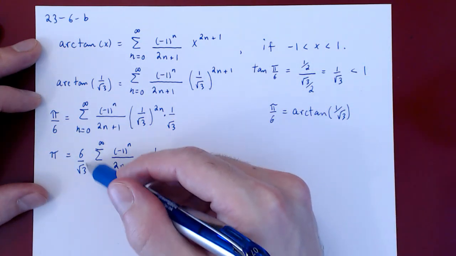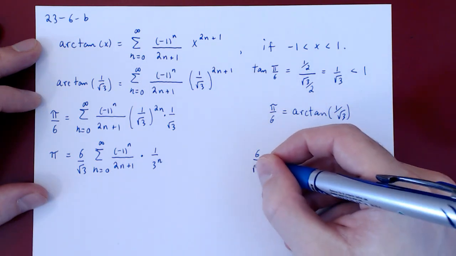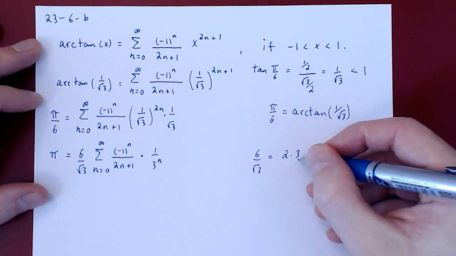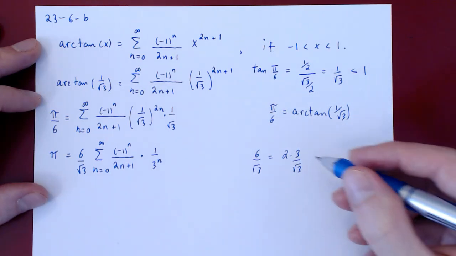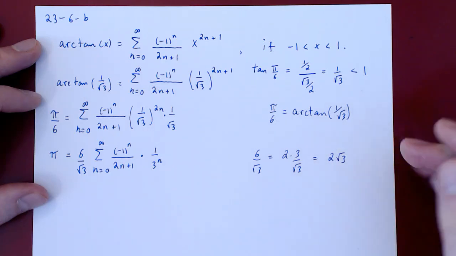We can now simplify here the 6 over √3, right? 6 is 2 times 3. And 3 over √3, of course, is simply √3. So we get 2 times the square root of 3.